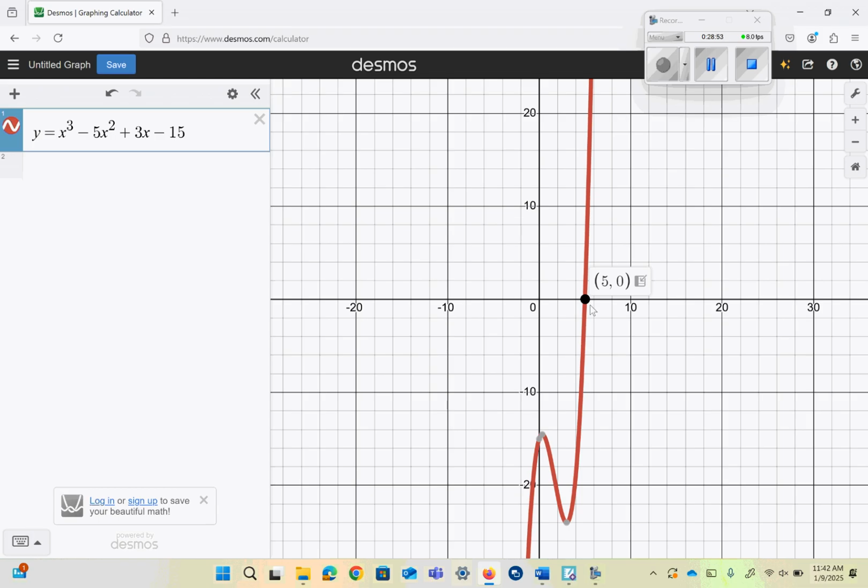I had 6. That's 5, right? So, remember where I said you have 1 or 3 real solutions? This is my one real solution. Somewhere in this miracle down here are those other 2 in the imaginary number system.